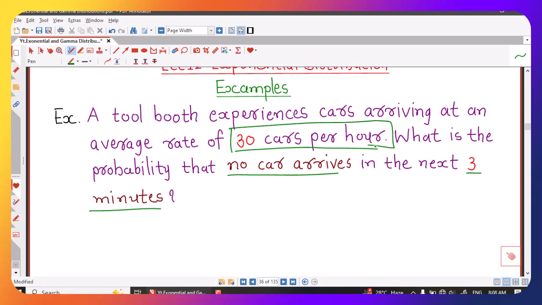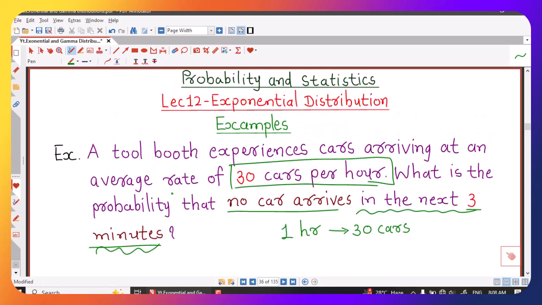We are given this average rate of cars per hour, and that is equal to 30. This means that in 1 hour the average number of cars arriving is 30. Using this information we have to find the probability that no car arrives in the next 3 minutes.